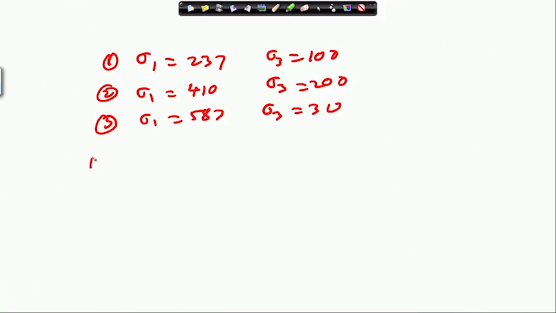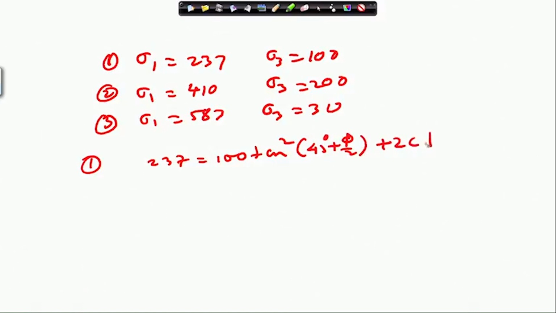So, I can get one equation: 237 equals 100 tan square (45 degrees plus phi by 2) plus 2 c tan (45 degrees plus phi by 2).